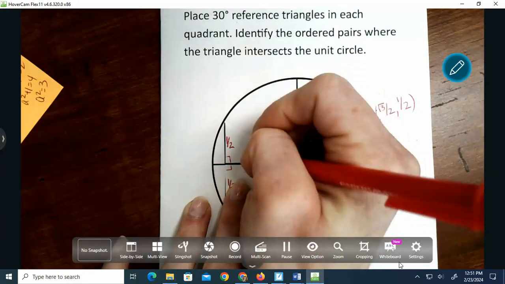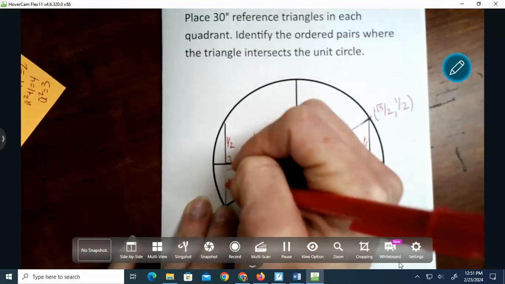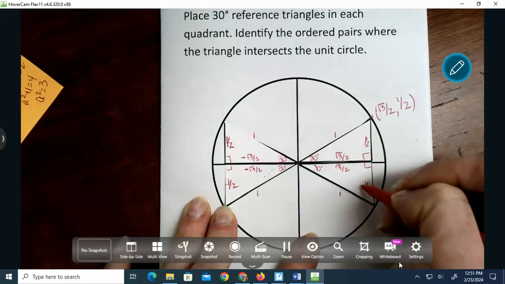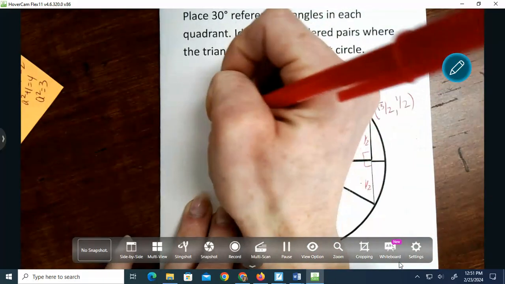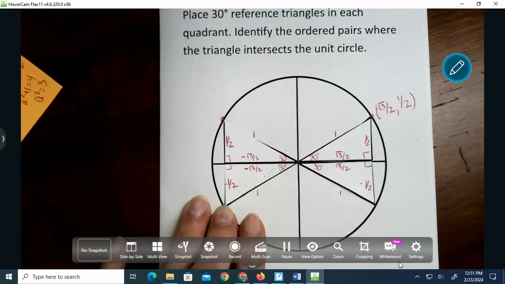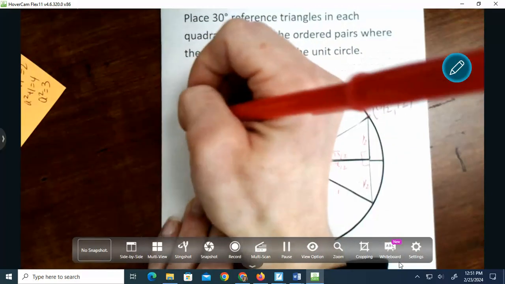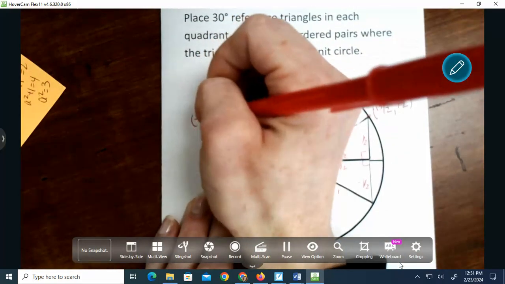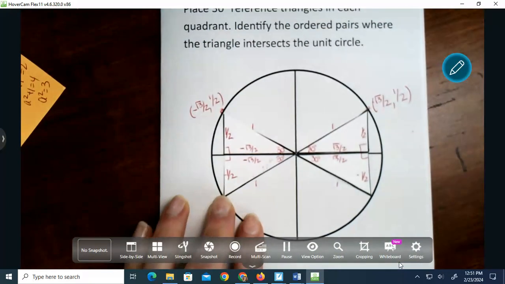It would be a negative because you went left. And when we go down, that's negative. So some of these would have a negative. So if I go this way, and I look at this point on my circle, then my x value is negative radical 3 over 2, and my y is positive 1/2.